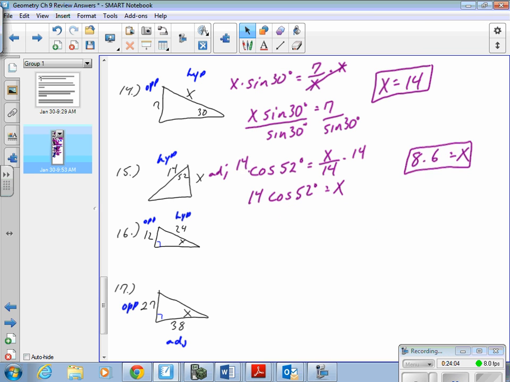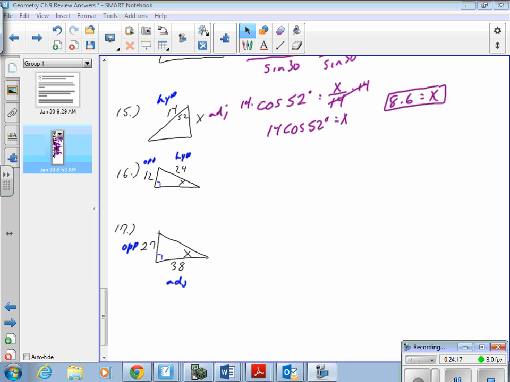Alright, so then the next ones we're solving for the angle. So you've got the opposite and the hypotenuse from the x. So that tells us that opposite and hypotenuse is sine. Alright, so 16, here we're solving for the angle instead of a side. And so x is the angle, and from that angle we've got an opposite side of 12 and a hypotenuse of 24.